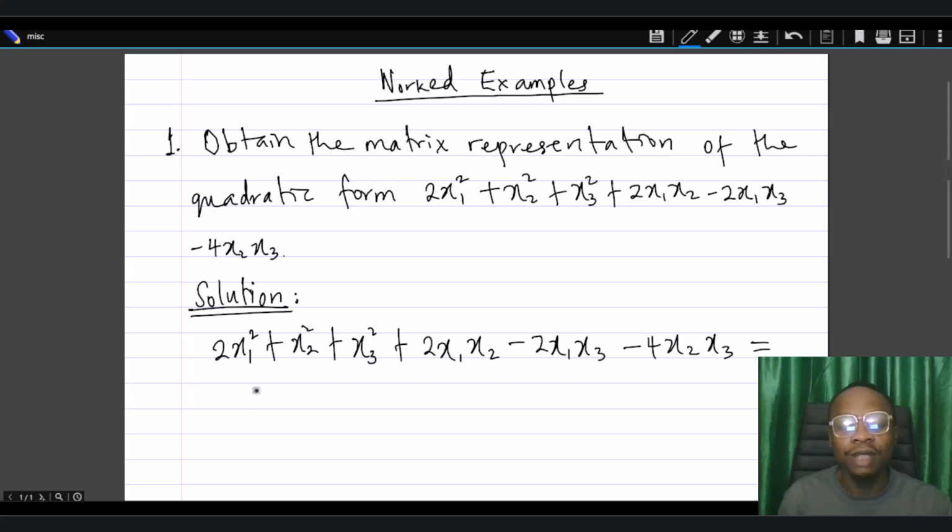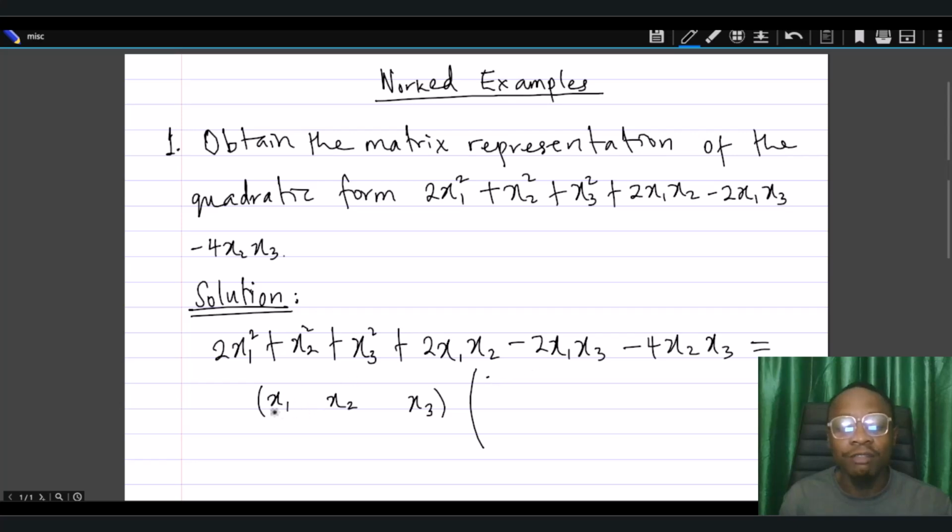What are the variables here? x1, x2, x3. We arrange them first in a row matrix, x1, x2, x3, and then we multiply this by the matrix representation we're trying to get.